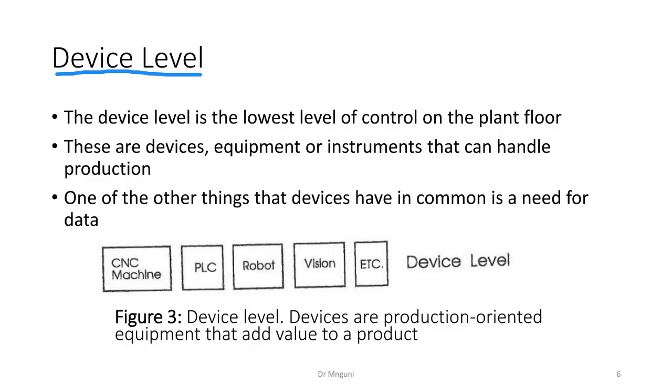Now, these equipment or devices are directly involved with the product. What do I mean by that? Where you've got your raw product coming into your plant, these devices are the first things that meet that raw product, which now needs something to happen.